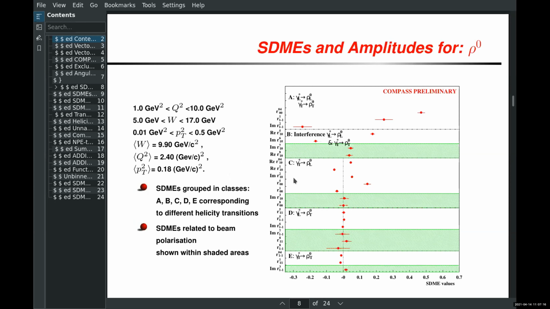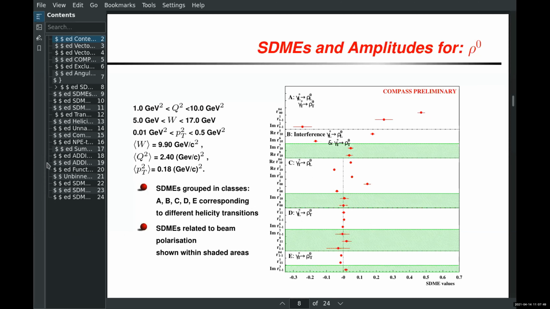The elements connected with the polarization are indicated by the shaded green color. On the double flip we see nothing.